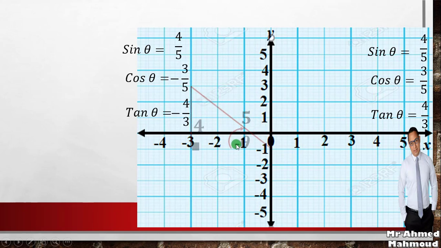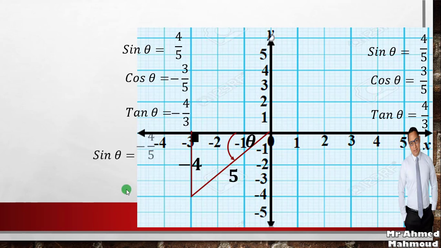Okay, next, if we have theta belonging to the third quadrant, we draw the right-angle triangle like this. Here the base equals -3, the height equals -4, and the hypotenuse equals 5. Now sine theta equals opposite over hypotenuse, -4 over 5.